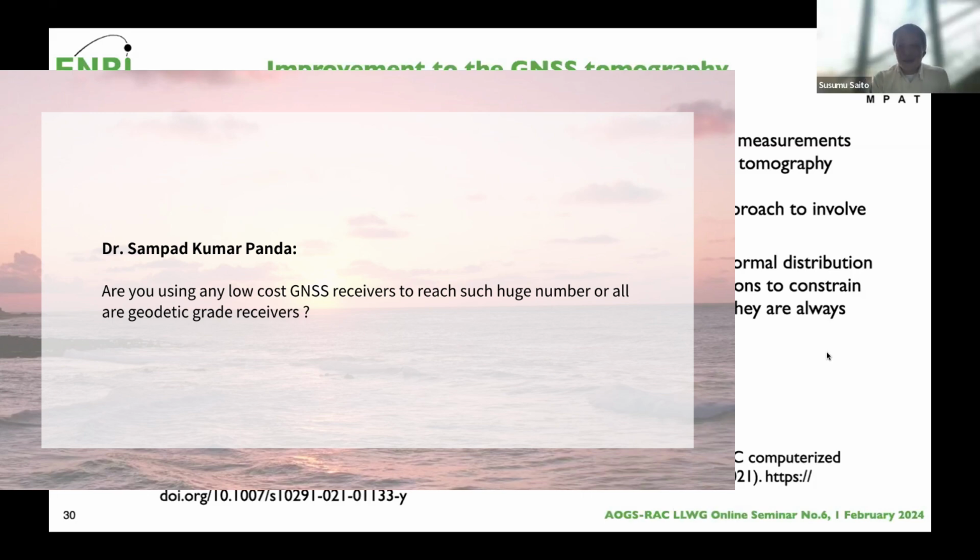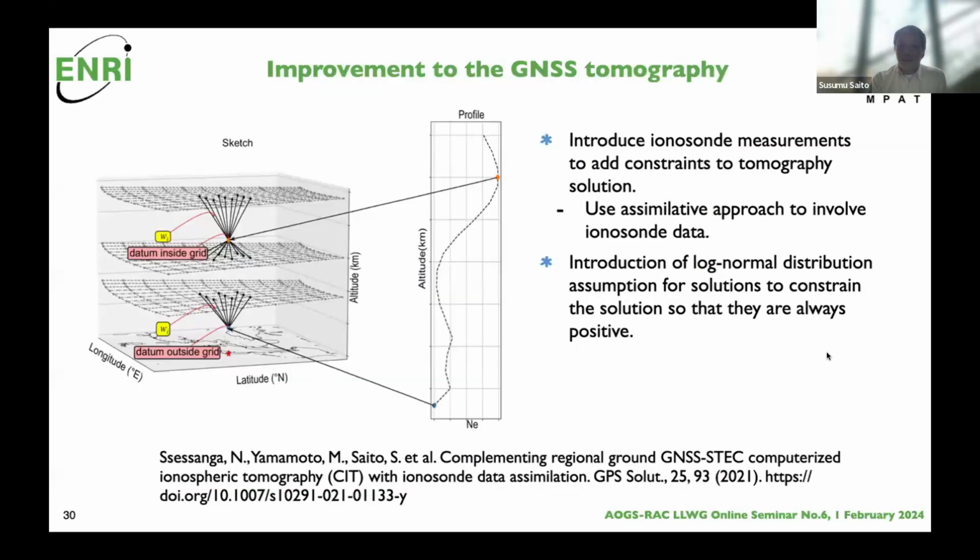Yeah, this is a very good question, and we are actually evaluating low-cost GNSS receivers, such as u-blox F9 or u-blox receivers with dual or triple frequency capability, which perform quite well.